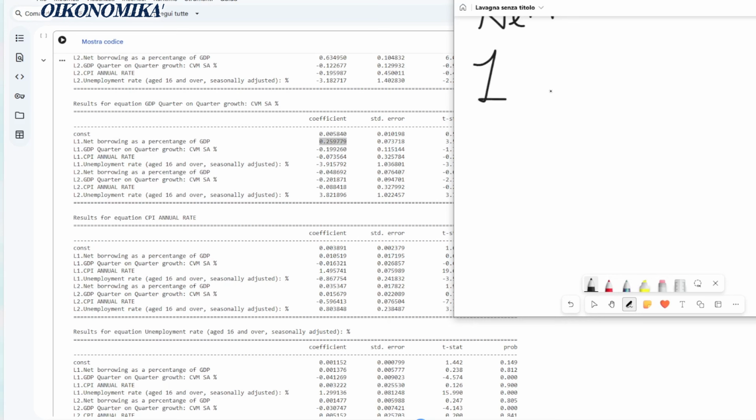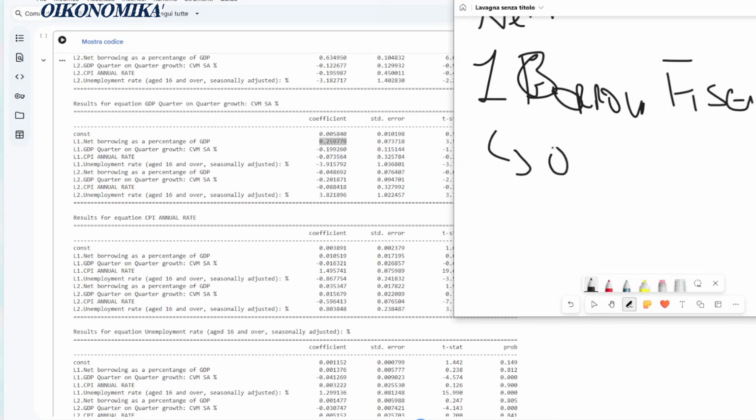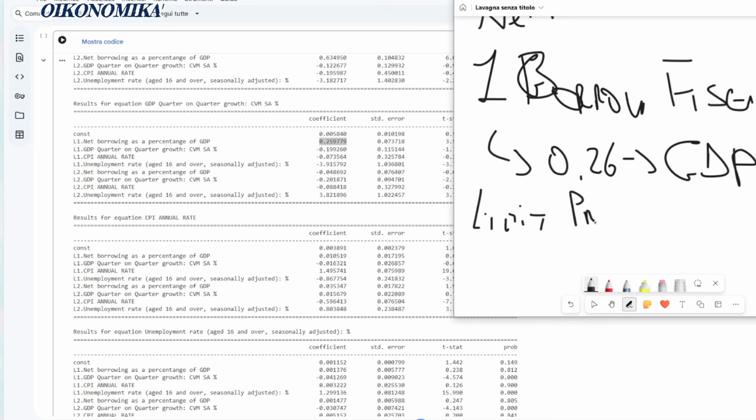So 1 unit of fiscal borrowing generates 0.26 of GDP. That's very interesting because it explains a lot of things. It explains that because of the high stock of debt, there is a limit in pro-cyclical fiscal spending.